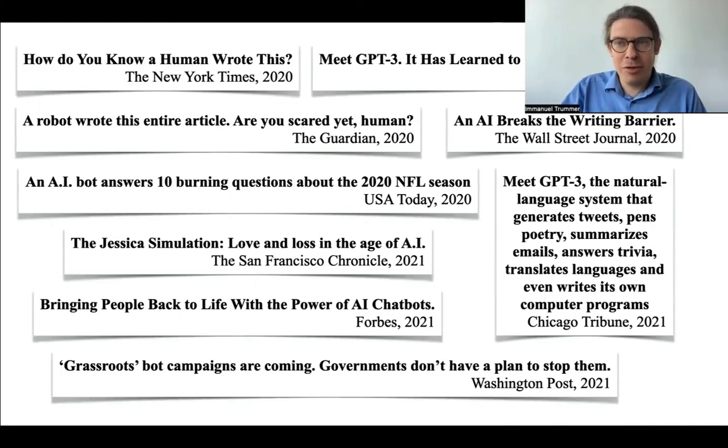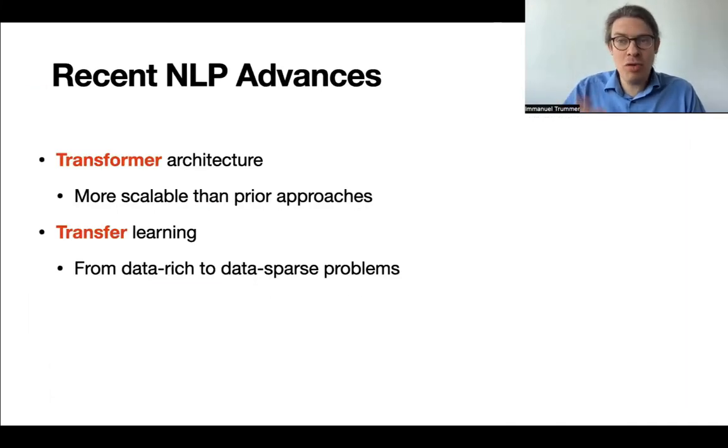At the heart of those advances are two ideas primarily. First of all, there's the transformer, which is a new neural network architecture that allows to parallelize more easily compared to prior approaches and enables us to create very large language models with hundreds of billions of parameters.